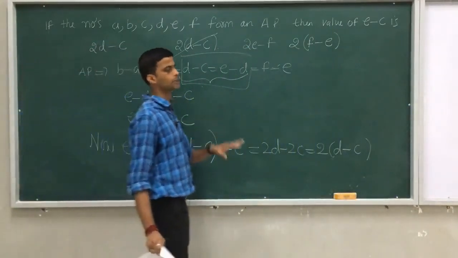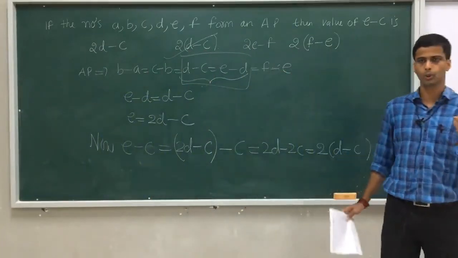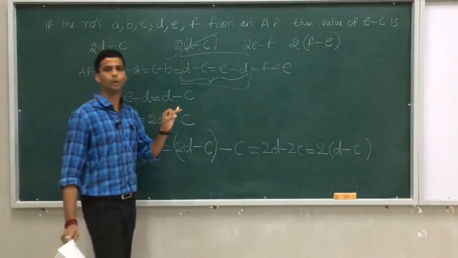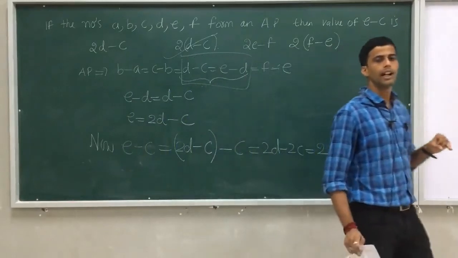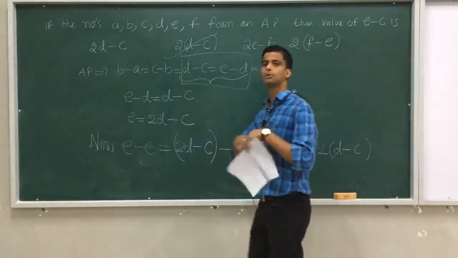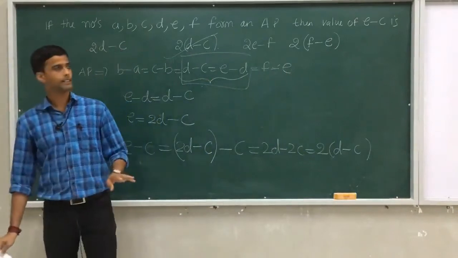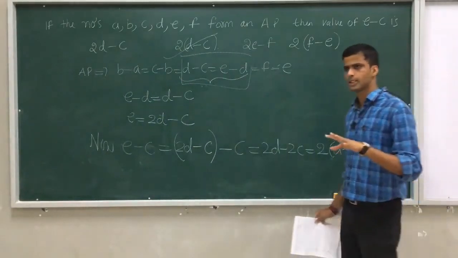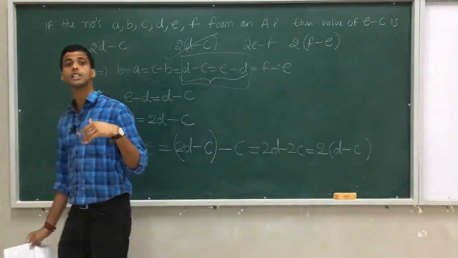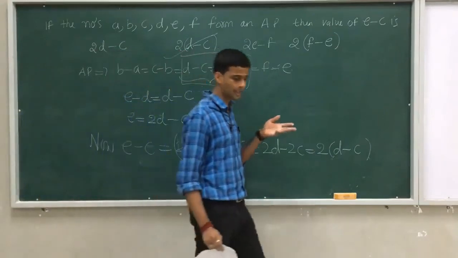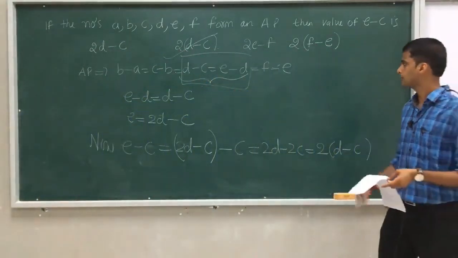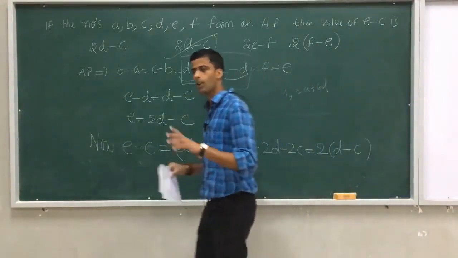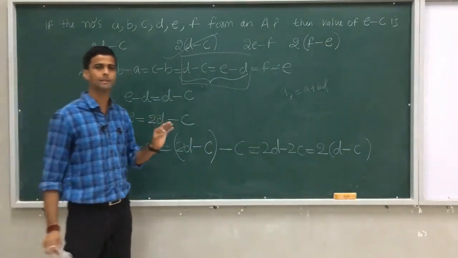If you observe these two sessions, what is common is, I have used almost SN of AP and SN of GP and S infinity, the sum of infinite terms of a GP, and then the common difference technique. In few questions I have used AM greater than or equal to GM, or arithmetic mean is greater than or equal to geometric mean. And in a few questions I used, like, the 7th term can be written as A plus 6D. So they all matter a lot in problem solving.